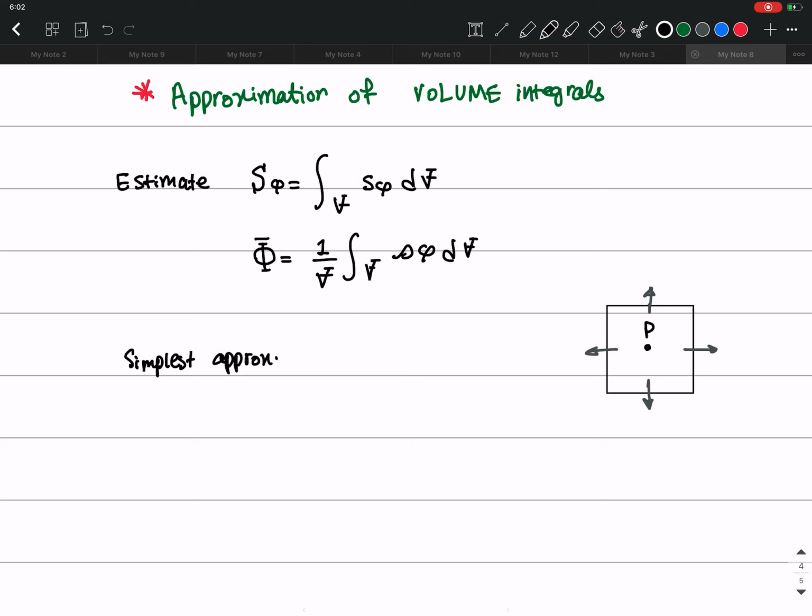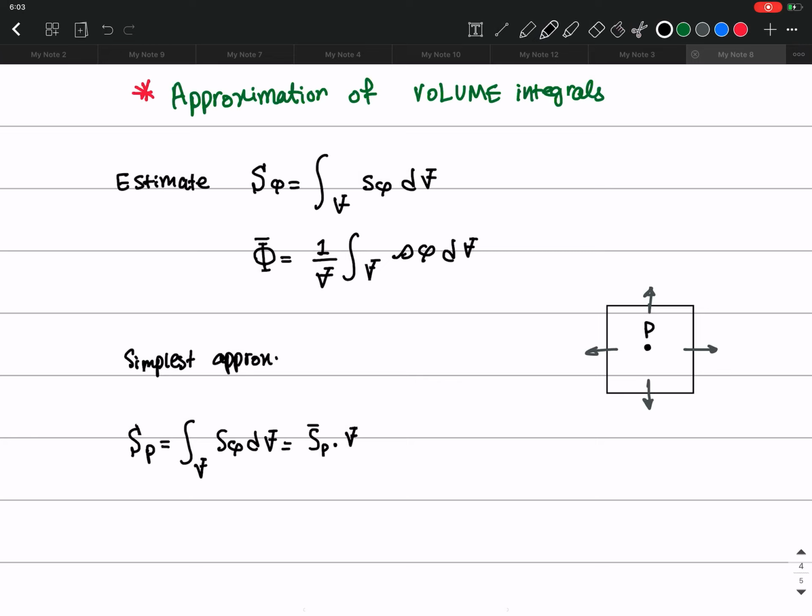For this volume integral, we can say SP is the integral over the volume of S phi dV, which is gonna be kind of SP bar times V, right?